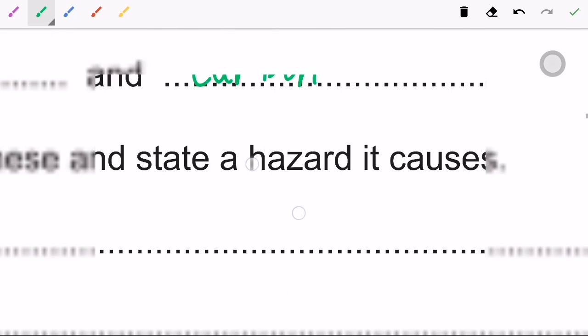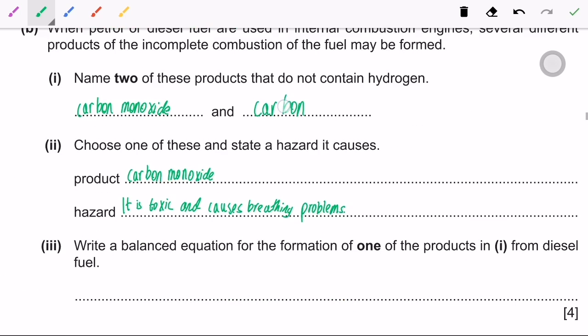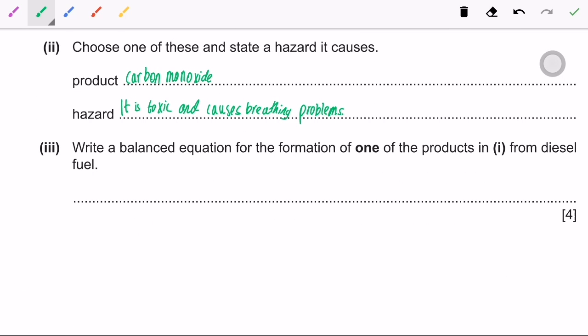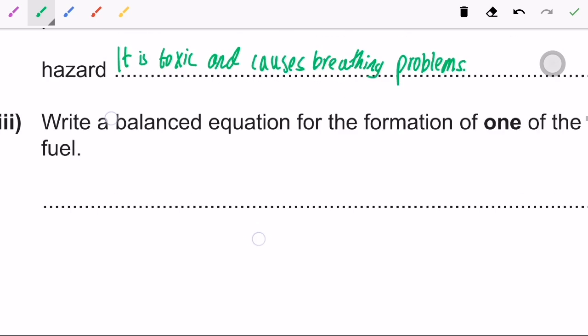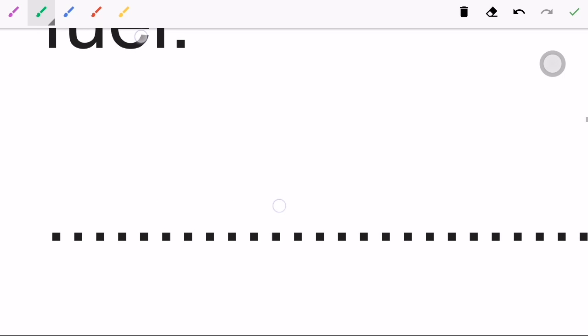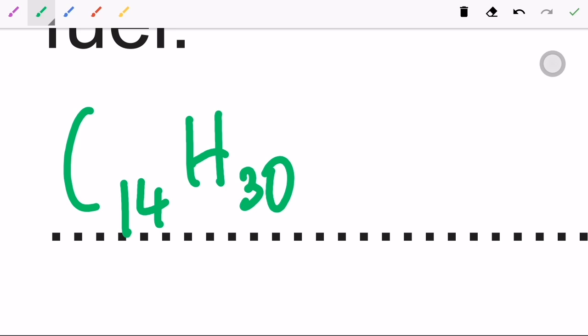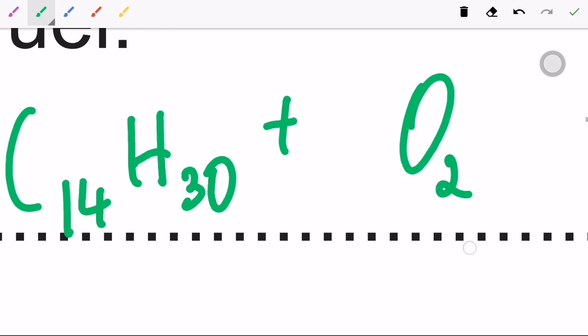There are two types of equations you can write. You can write partial equations, which means some carbon monoxide is produced, some carbon dioxide is produced, and some water is produced. Or you can convert everything to carbon monoxide. I like to convert everything to carbon monoxide, so it's much simpler. C14H30 plus some number of O2. As I said above, I'm not going to fill that in first.